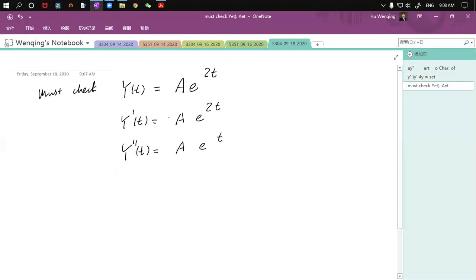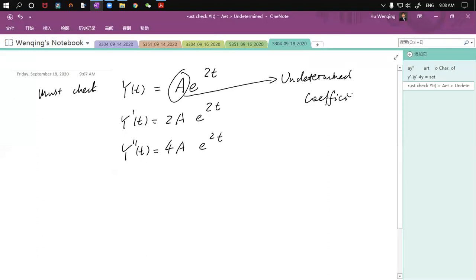So this is a 2, there's a 2a, this is 4a, again with e to the power of 2t. But a is a so-called undetermined coefficient. That's why the method is called the method of undetermined coefficients.